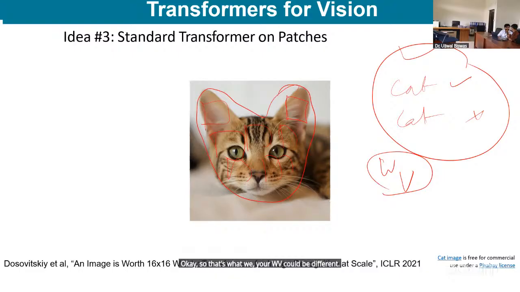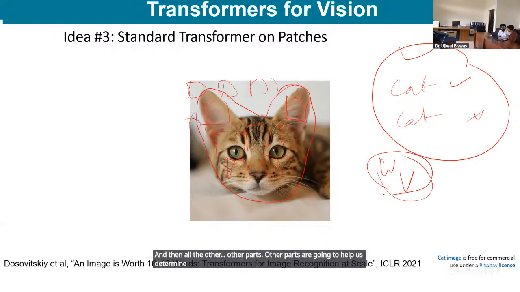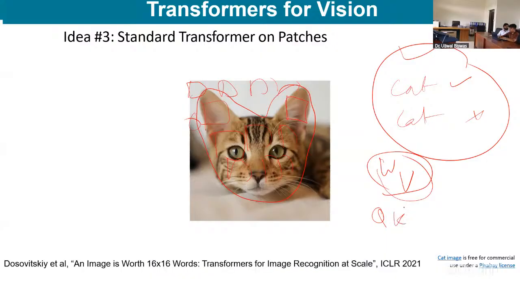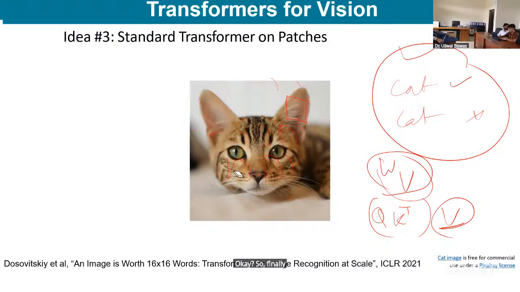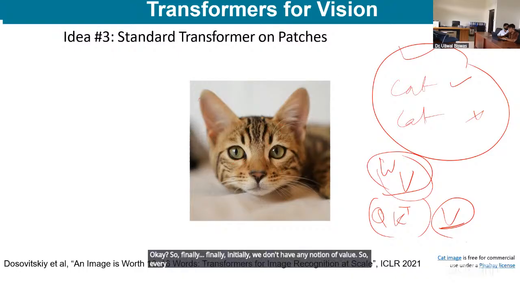And then all the other parts are going to help us determine the value of each, that is QK transpose V. Initially we don't have any notion of value, so every pixel or every patch is the same.